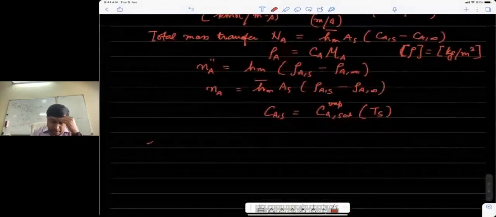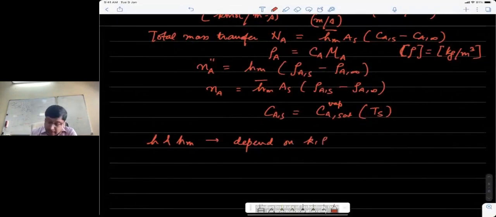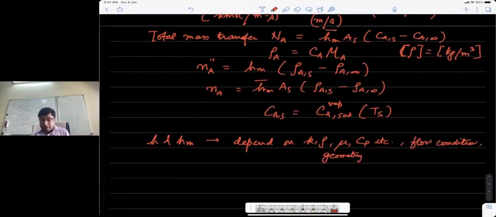These parameters h and hm not only depend on the fluid properties, which would mean its density, specific heat, thermal conductivity, viscosity, etc. We will see that they also depend on the flow condition, and by flow condition I will be talking of laminar or turbulent flows, and they would also depend on the geometry, the surface geometry on which this flow is going to happen.